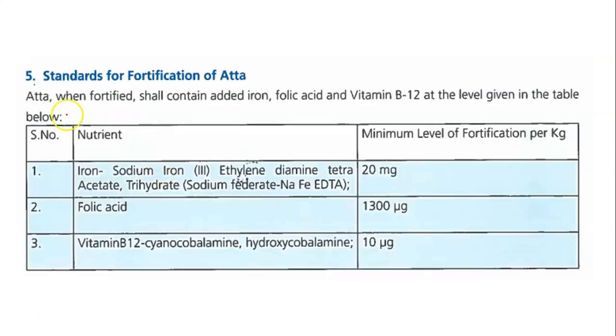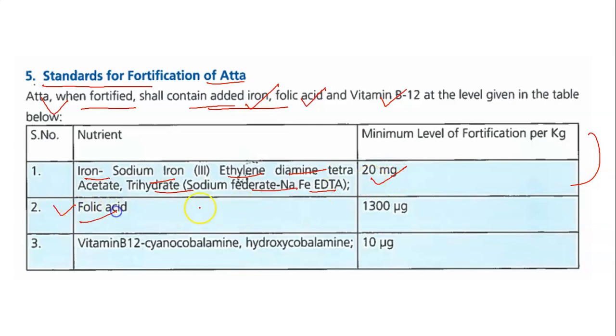According to the standard for fortification of atta, the fortified atta shall contain added iron, folic acid, vitamin B12, and the contents for this are given in this table. If you want to fortify the atta, then iron, as sodium iron ethylenediaminetetraacetate trihydrate, FeEDTA, should be 20 milligram.